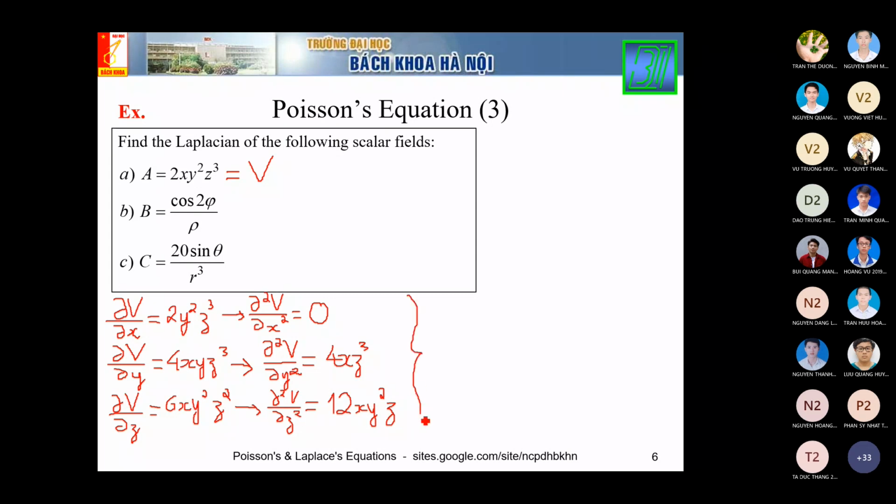Are you okay? Combining all of this, I will sum up the first, the second, and the third result to obtain the Laplacian of our potential. Sorry, not this.